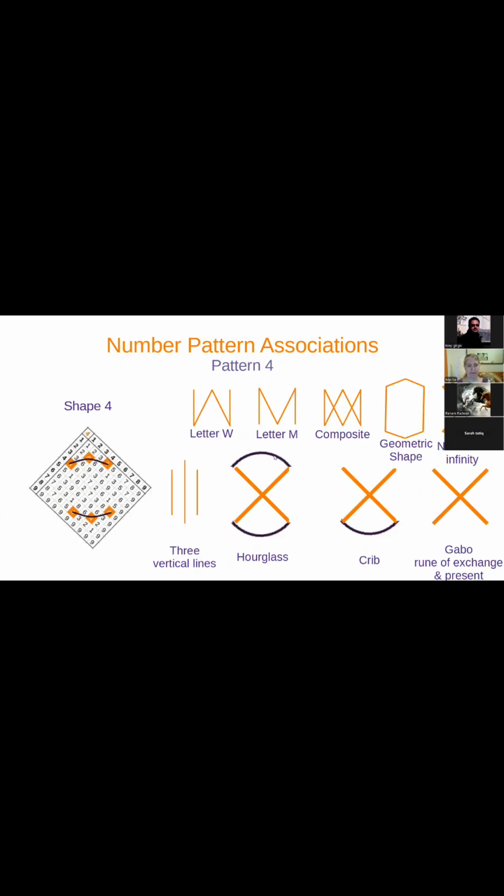Other shapes for pattern 4 are letter W, the letter M, the composite of these two, geometric shape, this form, the number 8 and infinity, 3 vertical lines, where the center one is the longest, an hourglass, a crib, and the Gabor rune, which symbolizes exchange and present.